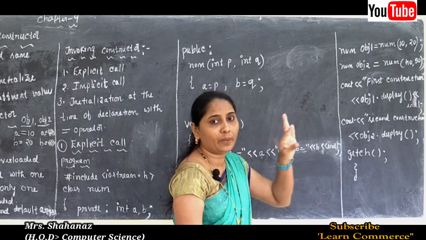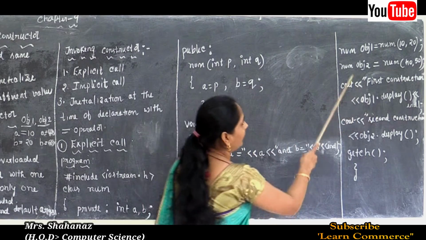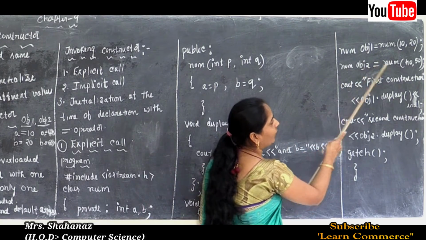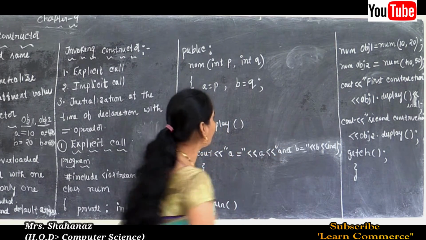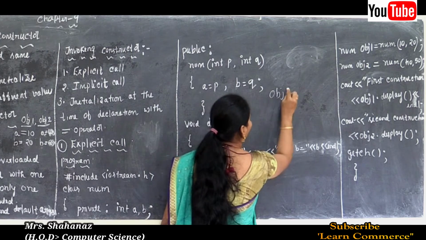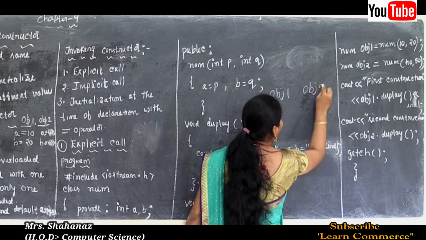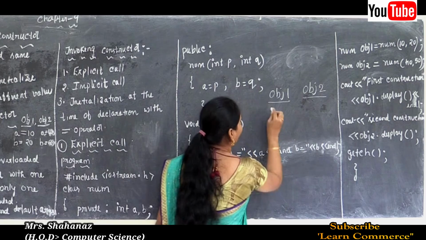Why? Because a, b. And the second one is also num obj2 equal to num(40, 50). Why? Because here two objects are there. One is object 1 and second is object 2. Okay, object 1 and object 2.